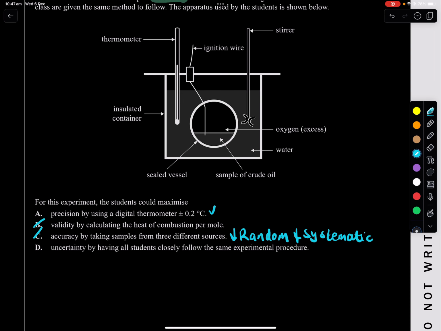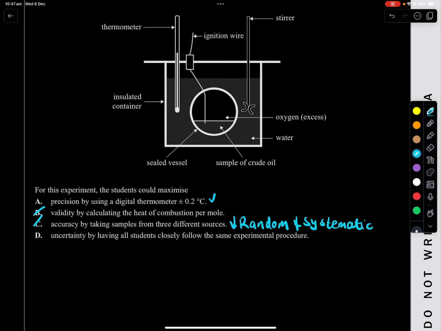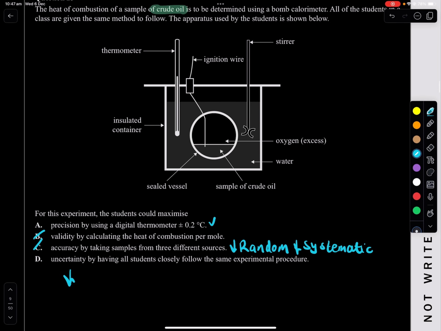What about D? Uncertainty, by having all students closely follow the same experimental procedure. That's wrong because normally we want to minimize uncertainty. I don't know why we want to maximize it in this question. Normally, when we want to decrease uncertainty, we closely follow the experimental procedure and have more students.